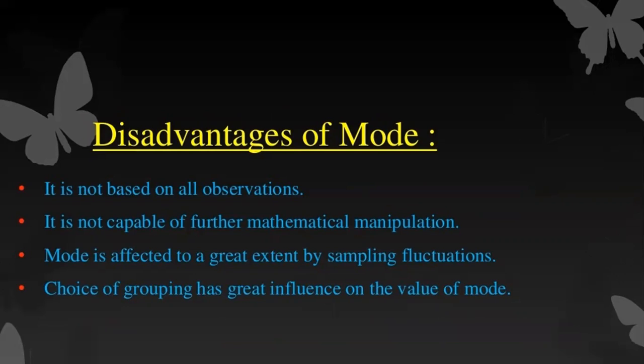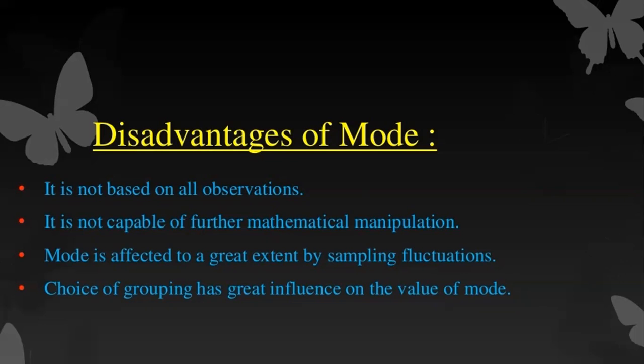Disadvantages of mode. Mode is not a readily defined measure, as there are several methods for calculating its value. The value of the mode is not based on each and every item of the series. Mode is not suitable for further mathematical treatment.